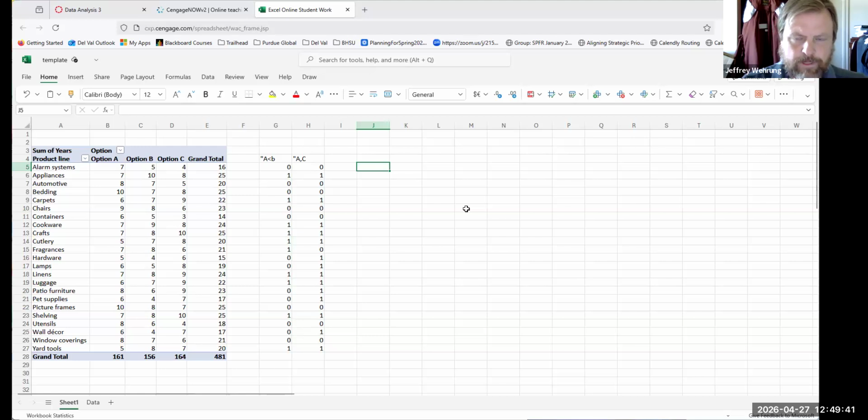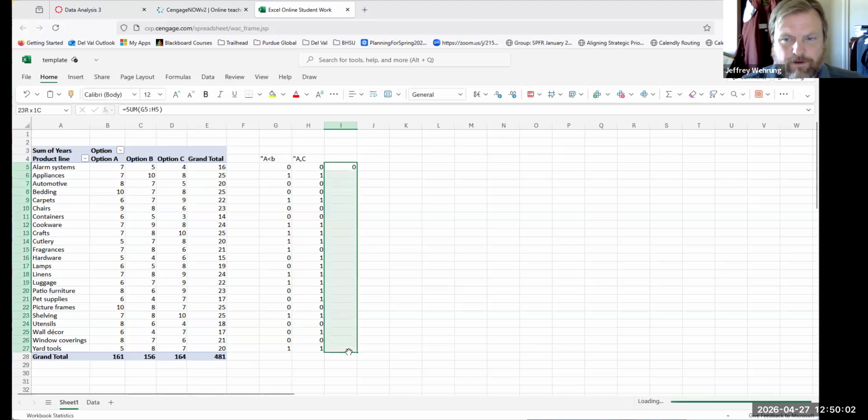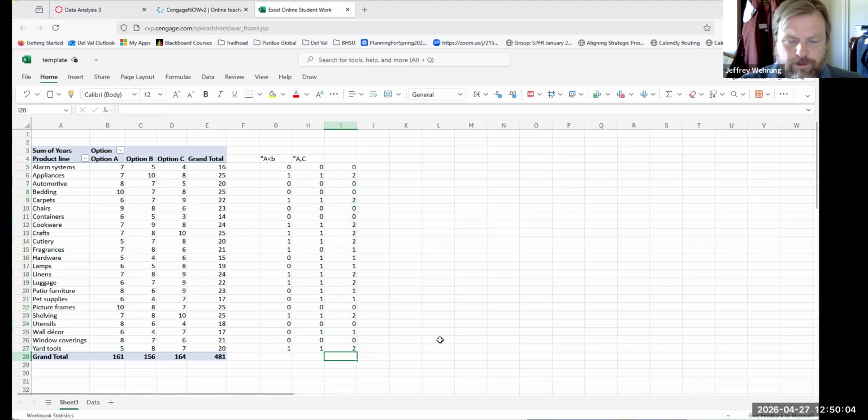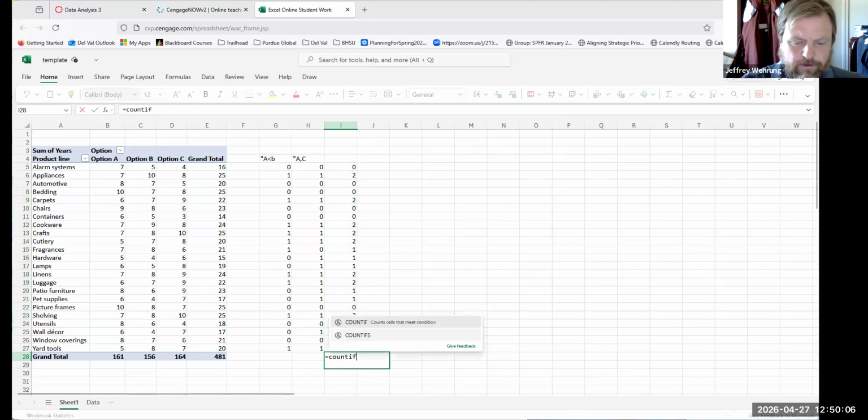Right? So equals the sum of these two. I'm sure you guys are going to figure out a shorter way to do this. Right? So I just want the number of 2's where it's equals COUNTIF.